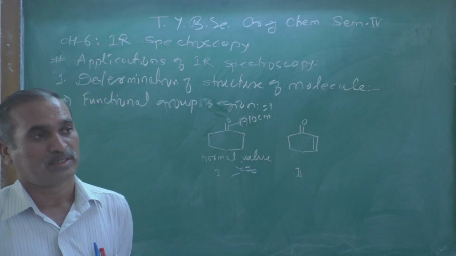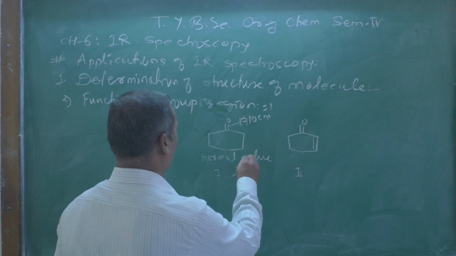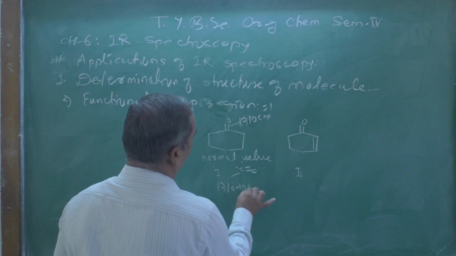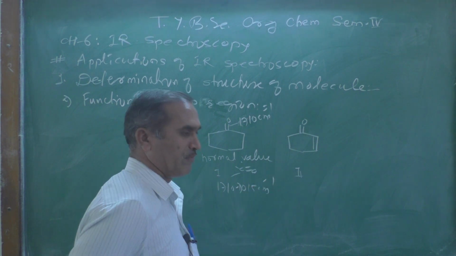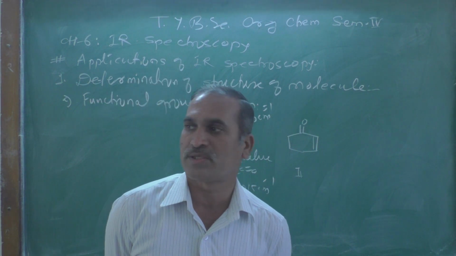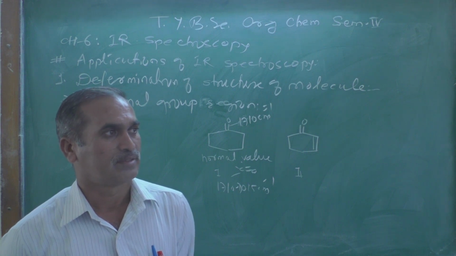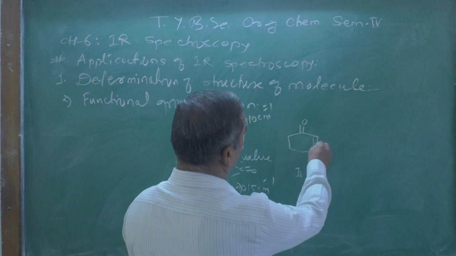If it is a saturated ketonic group, the normal value should be 1710 to 1715 per centimeter, which is a characteristic IR frequency of the carbonyl group.